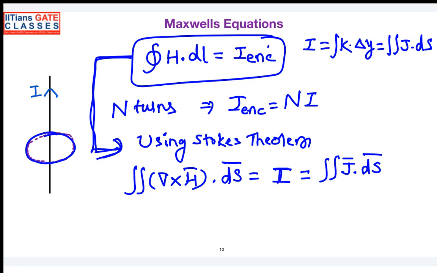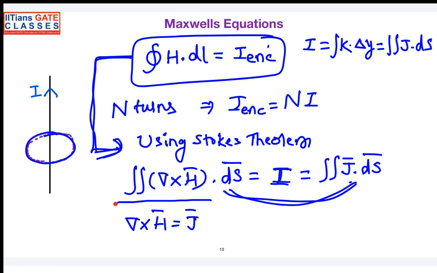This time I have written the current distribution in terms of volumetric because it is easier to compare these two. So when you compare these two equations, the curl of H is equal to J. Is it clear?